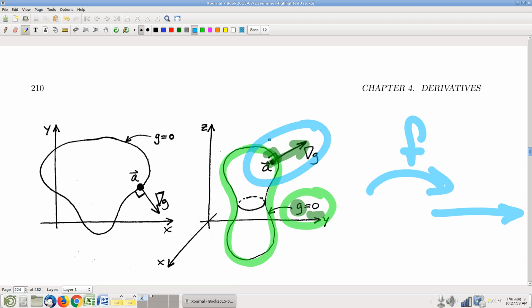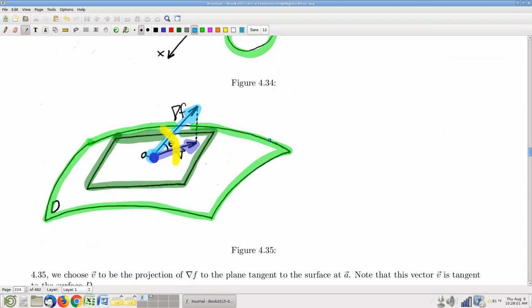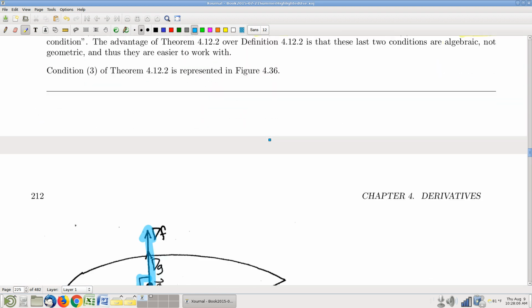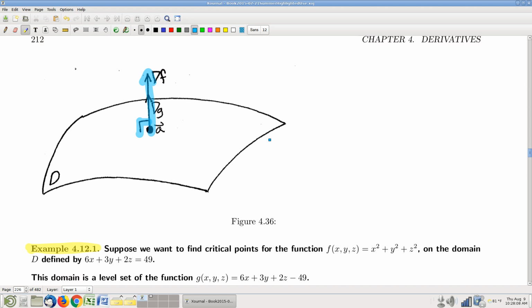So we go back to, let me remind you, one of our earliest conclusions here. The gradient of g is always perpendicular to the surface. If the gradient of g is always perpendicular to the surface, and I want to know when the gradient of f might be perpendicular to the surface, I know that gradient of g is always perpendicular to the surface.